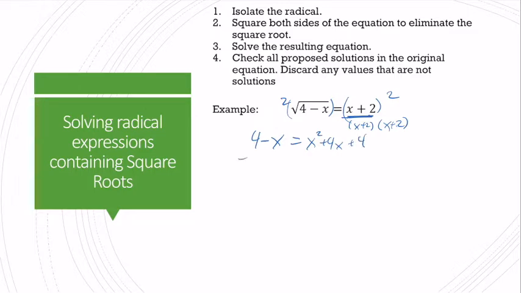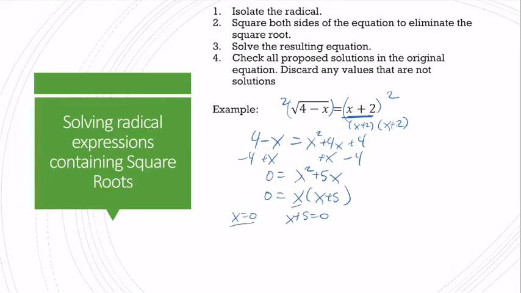I'm then going to move everything to one side of my equation because this is a quadratic, so I need to set it equal to 0 to solve. So I take away 4 from both sides, I add x to both sides, and I get that 0 equals x squared plus 5x. I can pull out the greatest common factor, which is going to be x. So I have 0 equals x times x plus 5. Now I want to set each of these factors equal to 0. So I get that x equals 0 and x equals negative 5.